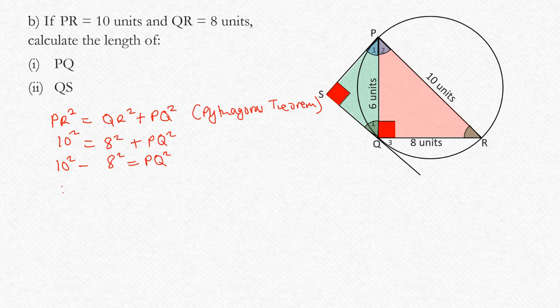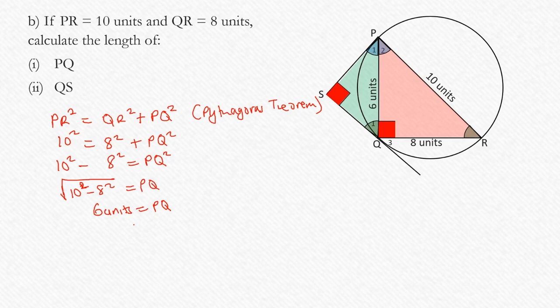Then we square root both sides, and that gives 6 units is equal to PQ. So PQ there is 6 units.